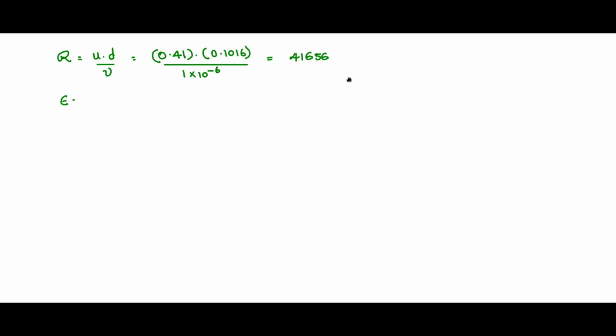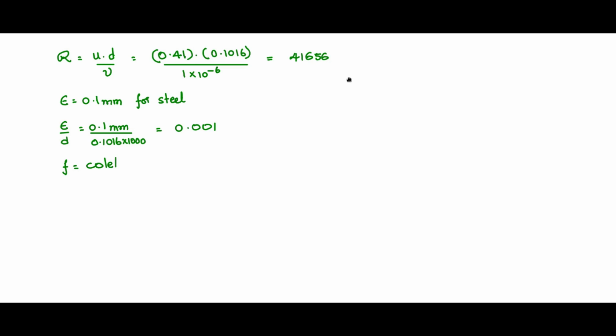Epsilon, or the height of the surface bump, for steel it is 0.1 mm. So therefore the roughness ratio epsilon by d is 0.1 mm by 0.1016 meter. Converting it to mm by multiplying by 1000 will give you 0.01 as the roughness ratio.